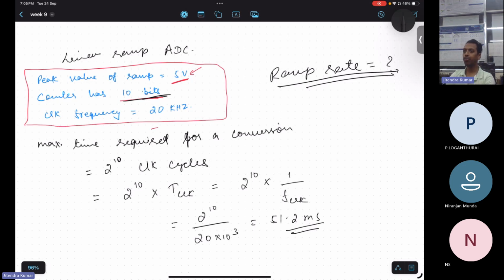Logan, are you getting this? 97.65 volt per second.